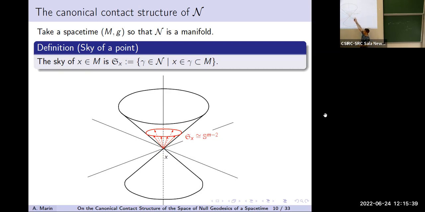I can take the cone at x and projectivize it, so quotient out by the Euler vector field. And then this cone is going to become diffeomorphic to the sphere of dimension m-2, where m is the dimension of my spacetime. And then I can quotient out by the geodesic spray, but that's not going to change anything. So the sky of my point x is still going to be diffeomorphic to a sphere of dimension m-2.